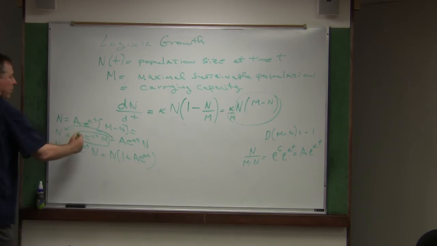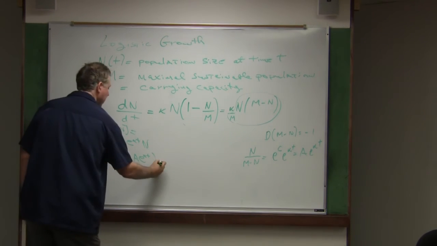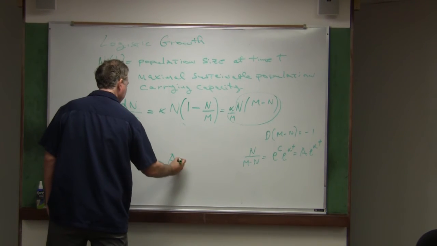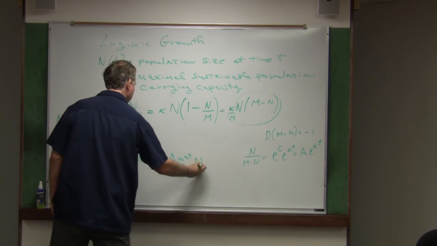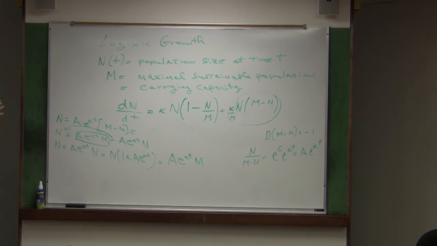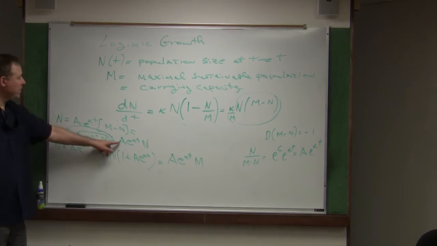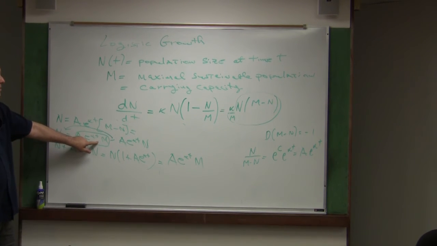Because after I add it over, I've just got a e to the kt m. Okay, so I add it over, factor it, and set it equal to the new right-hand side. So once I move this over here, my right-hand side is this.